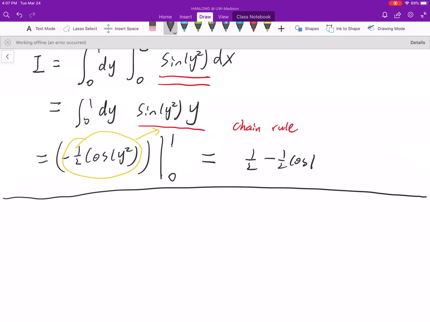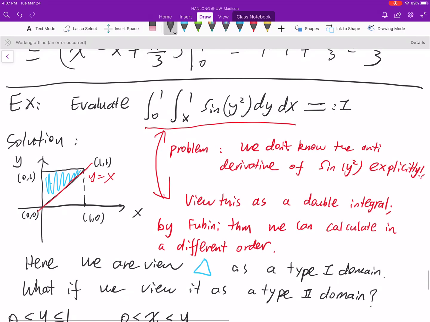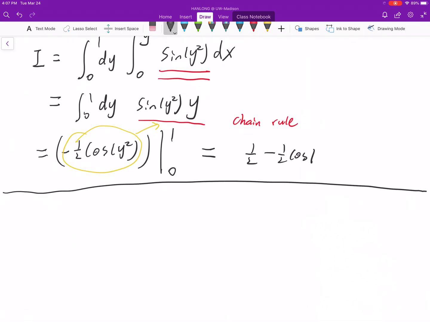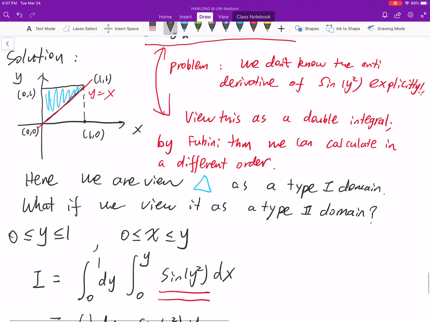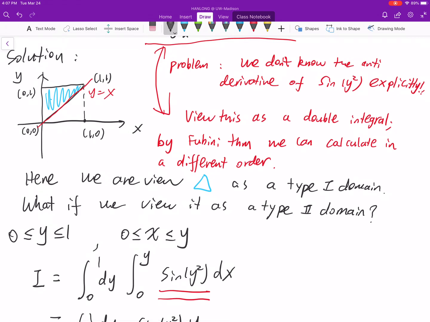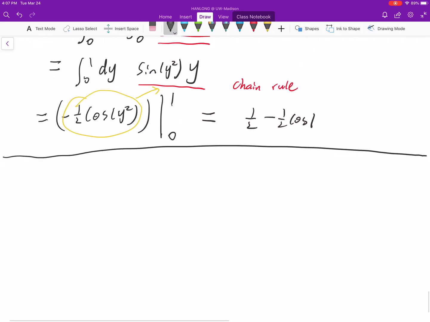Yeah, I just want to give you some different flavor, how tricky the interchange of integration order can be. Actually, this plays a great role even in my research. When I want to evaluate something which is impossible from one point of view, you change the order, and then you can do some detour.